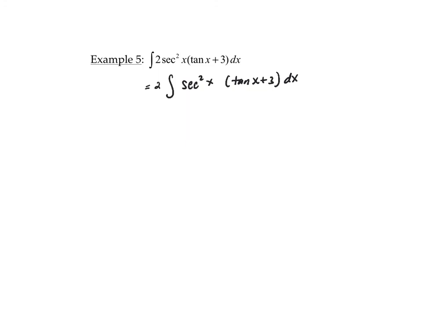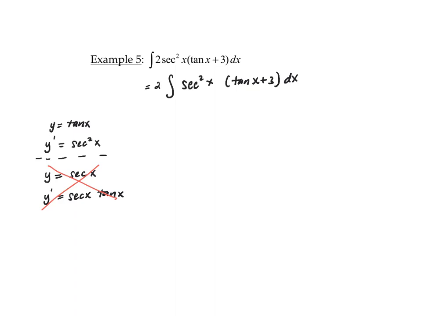So I'm going to do a little bit of work off to the side, just kind of working through this. So if I say y equals the tangent x, I know the derivative would be secant squared x. Okay, if I said y equals the secant x, the derivative of that would be secant x tangent x. And I don't see that anywhere in the problem, so that's not the direction we want to go in.